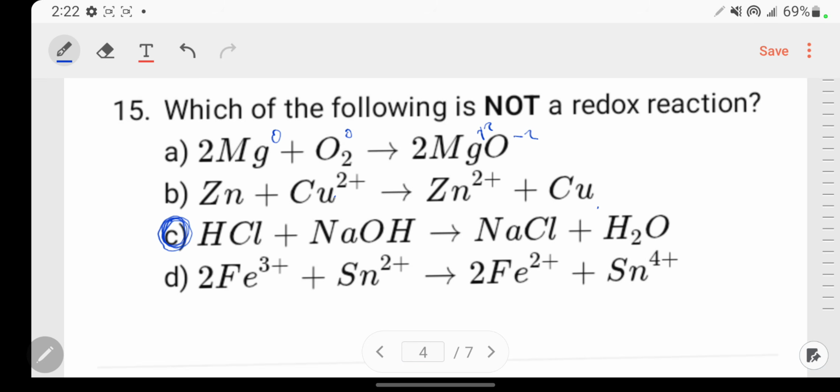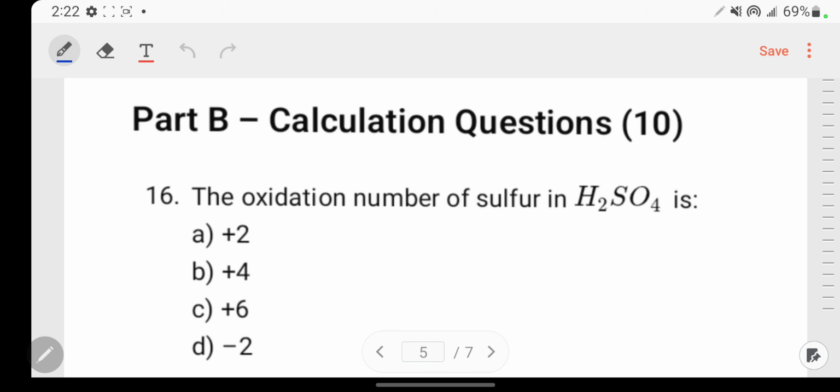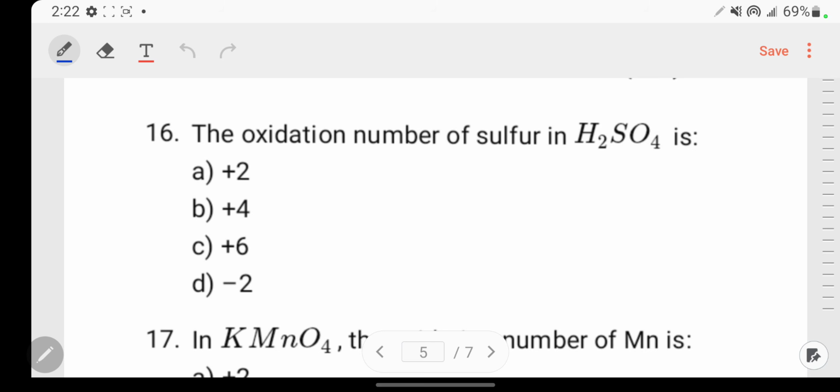So the next part that we are looking at is the calculations. Let's look at the next question. The next question says, the oxidation number of sulfur in sulfuric acid. For this one, we have the rule which states that for an uncharged compound, the sum of the charges is equal to 0.